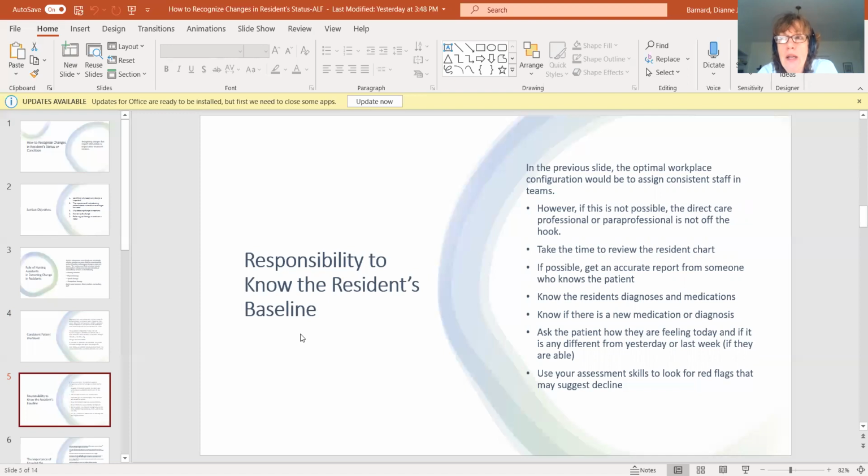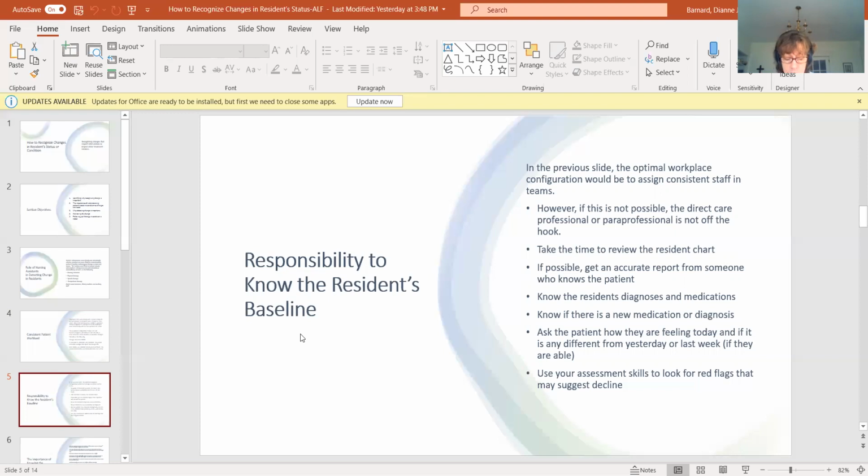If you know that they're a diabetic on insulin, then you need to be astute for signs and symptoms of low blood sugar, or be really careful because she stays late in the activity room and sometimes misses the first round of dinner. Those are some things you can do to optimize their care.